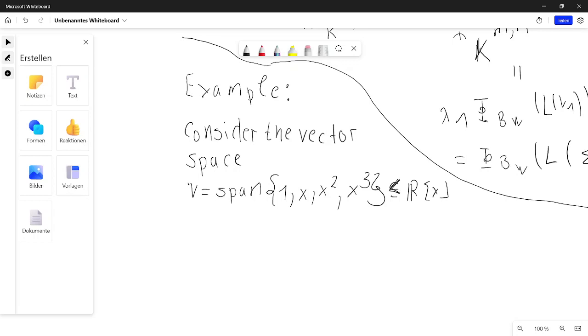That spans are vector spaces, you can prove yourself that it is a subspace of that. That's very easily proved.